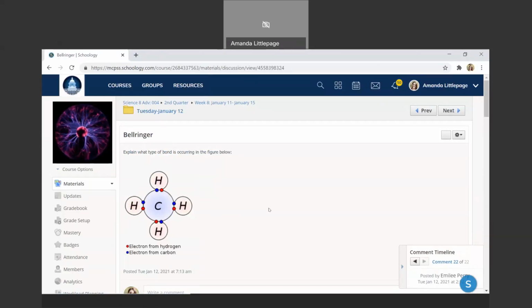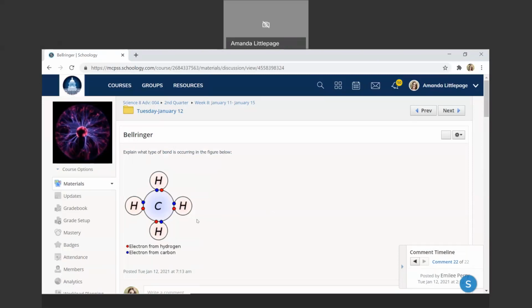So notice in this example here, we have a carbon and 1, 2, 3, 4 hydrogens. And you can see that these atoms are actually overlapping in close contact and that these electrons are equally shared between all 5 atoms. So this is an example of a covalent bond. Another way to recognize this as a covalent bond is that it occurs between 2 nonmetals.